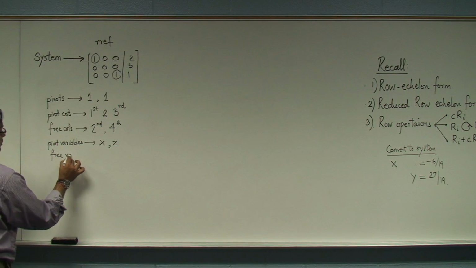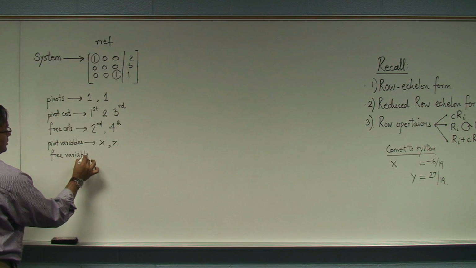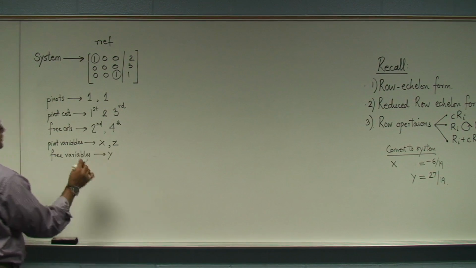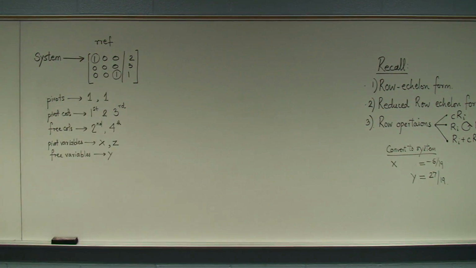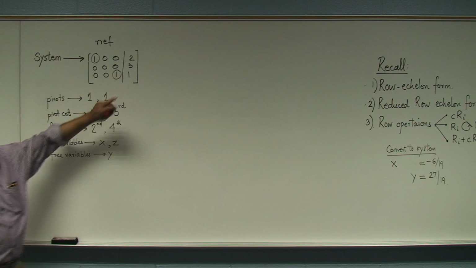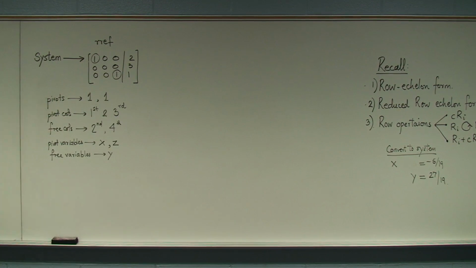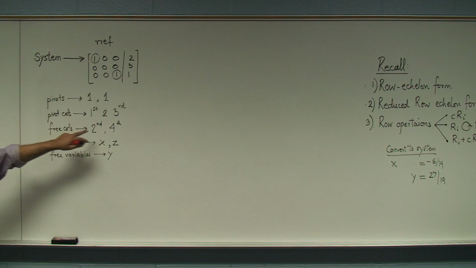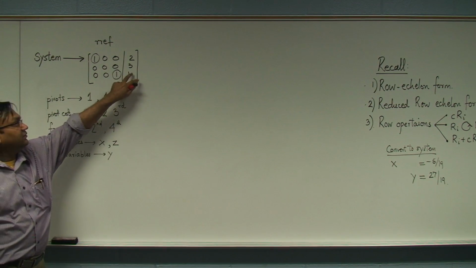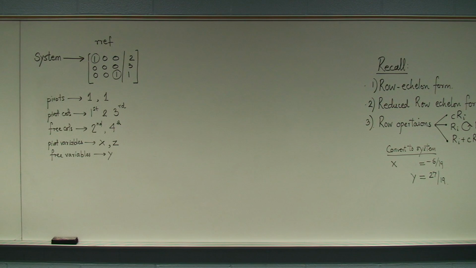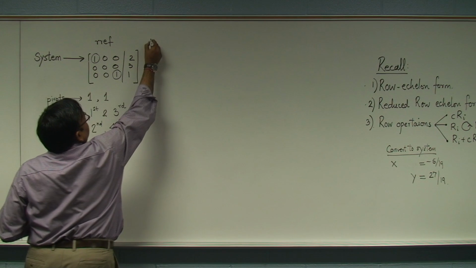And when it comes to the free variables, y is the free variable corresponding to this column, which does not have a pivot. Let me repeat this. The right-hand side column, since it does not correspond to any variable, even though it is a free column, we don't say it gives a free variable. This is a very common mistake, so we should keep that in mind.